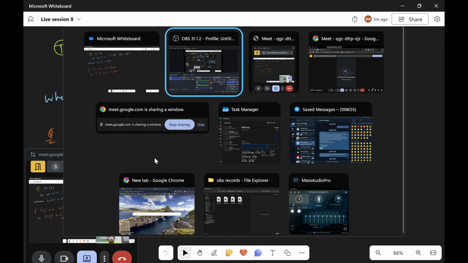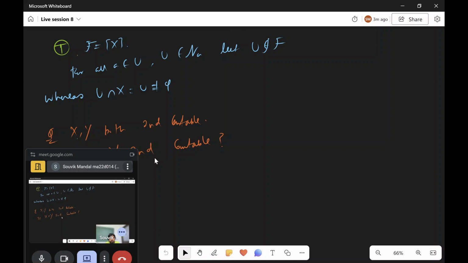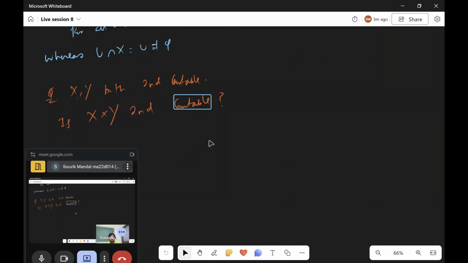Is X cross Y second countable? Think about it, take your time, let me know.